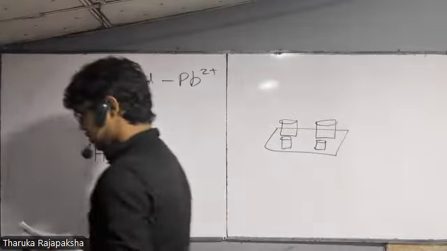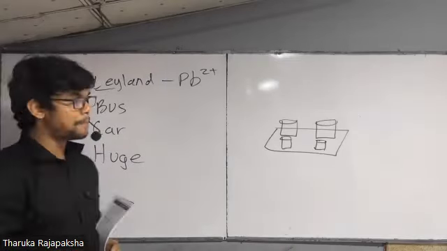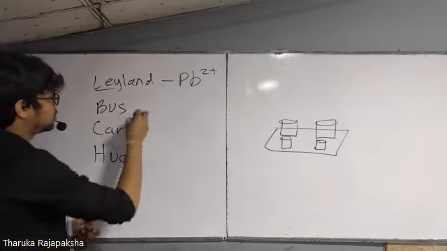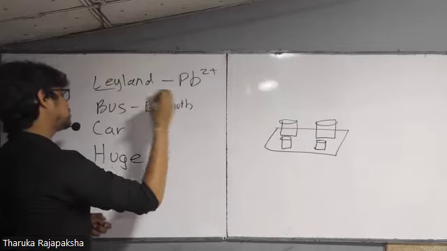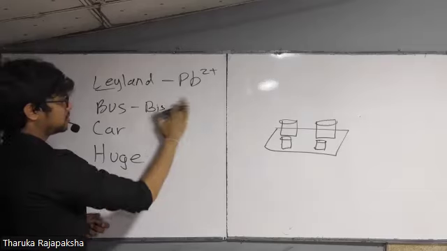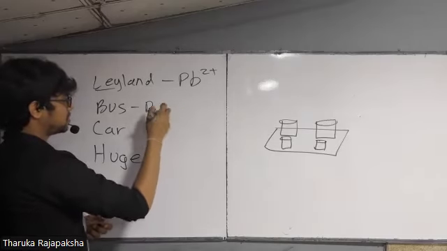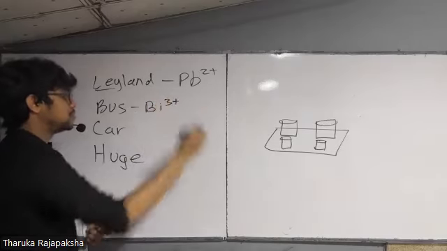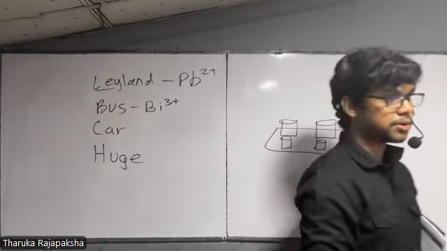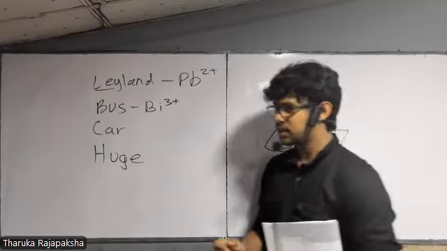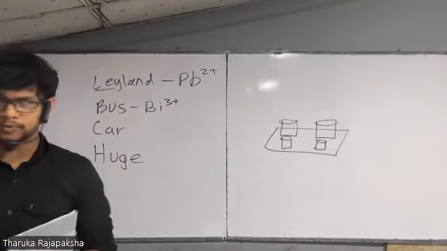What is bus then? Bismuth, Bi3+ actually. Check the periodic table, below antimony, in the nitrogen group, group 15.